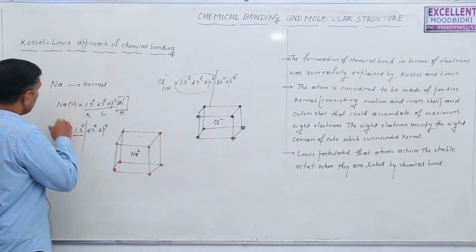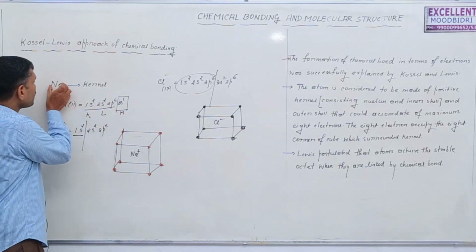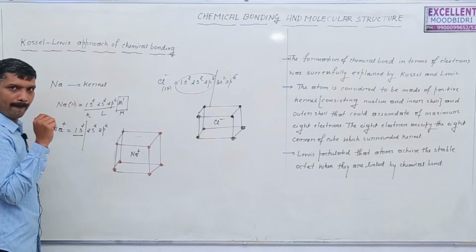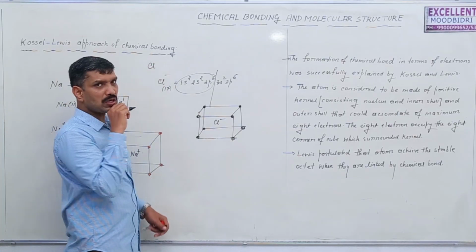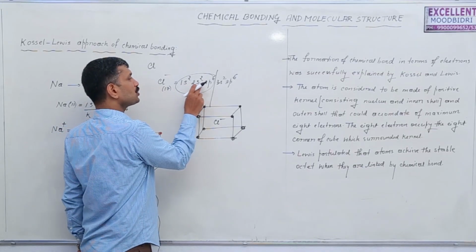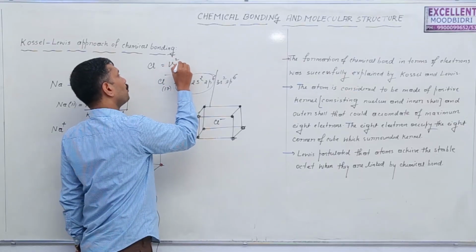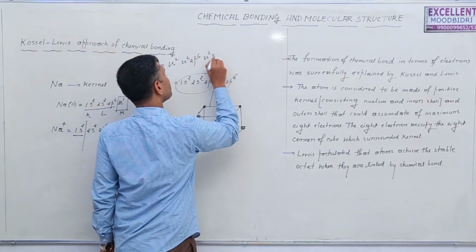Next question: is sodium stable? No, sodium is not stable. Why? Because it has only 1 electron in the outermost shell. Okay. Is chlorine stable or not? No, it is not stable, because the chlorine configuration is 1s2, 2s2, 2p6, 3s2, 3p5.